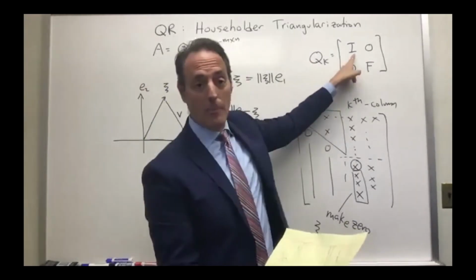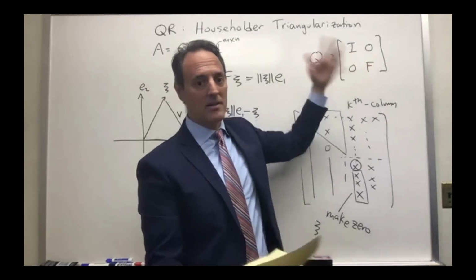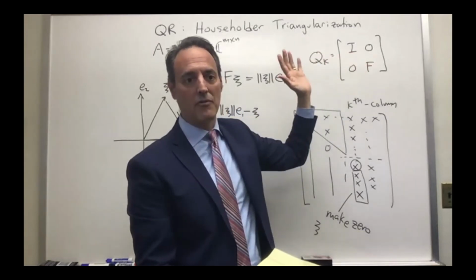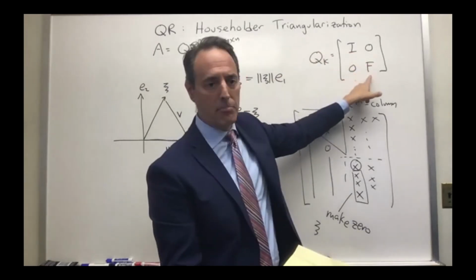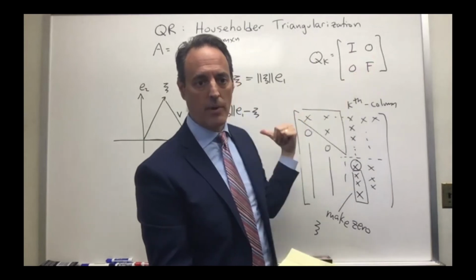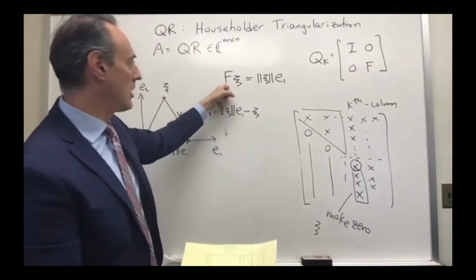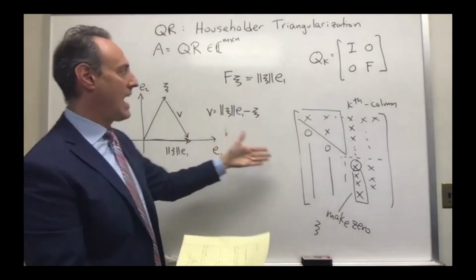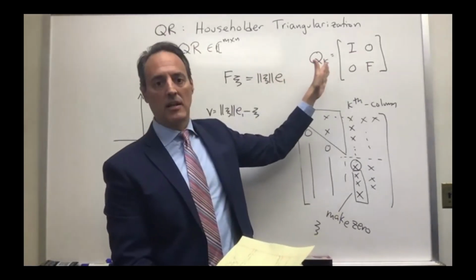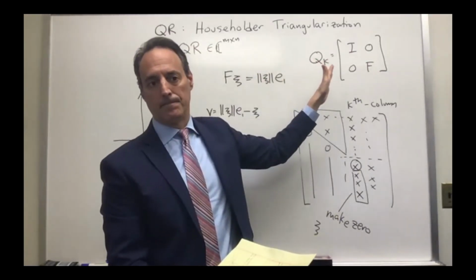The I's are super easy to deal with, right? I already satisfies it. I don't have to worry about the I. It's this F piece of this matrix that I have to worry about. That's what we have to worry about here: how do I construct this thing so that in fact that thing stays an orthogonal projector for me.